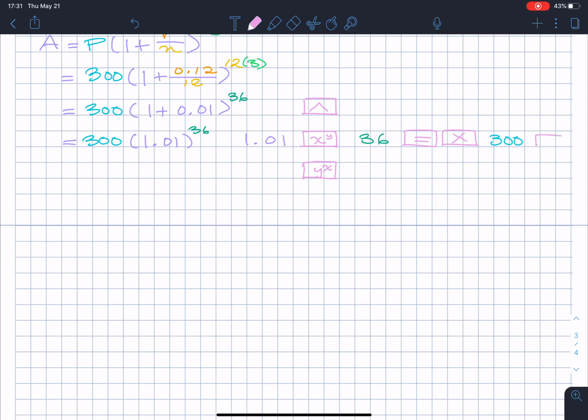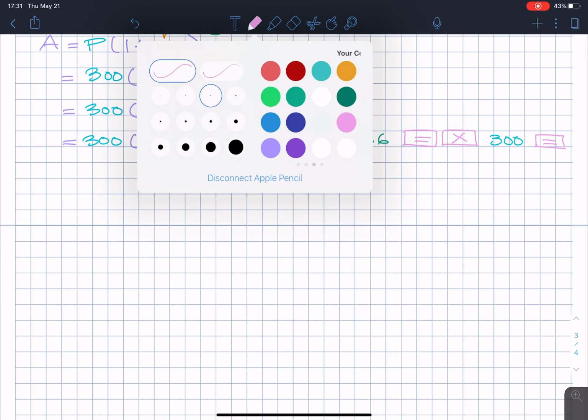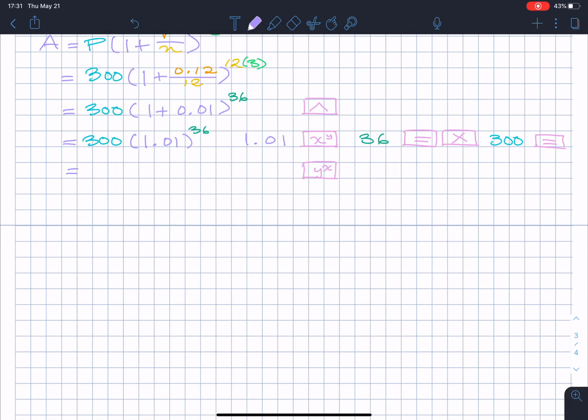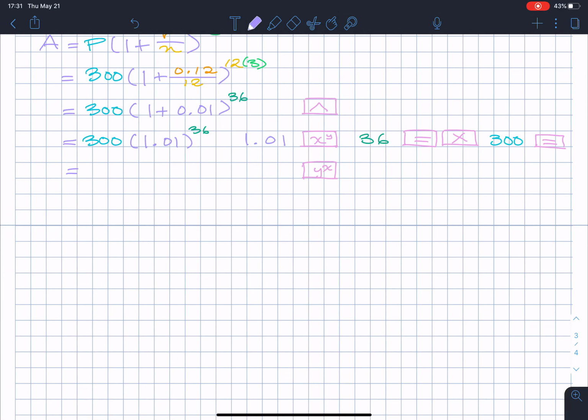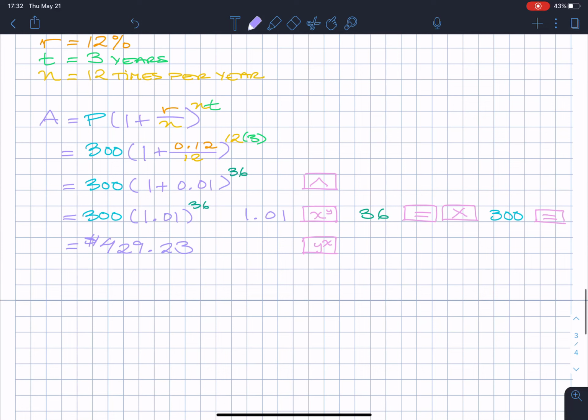That's how you calculate this in your calculator. And what you should get, if it works out right, is $429.23.